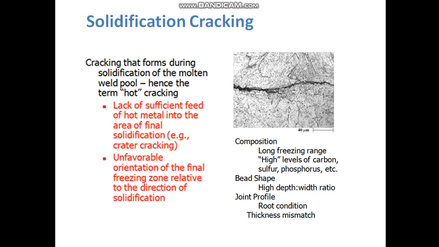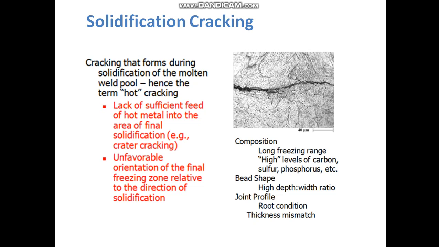If low melting point elements are present, they are going to wet the grain boundary, and they are not going to freeze at the temperature at which the surrounding material freezes. So they wet the grain boundary, form liquid films around it, and under the cooling stresses or shrinkage stresses, the grain boundary separates out.